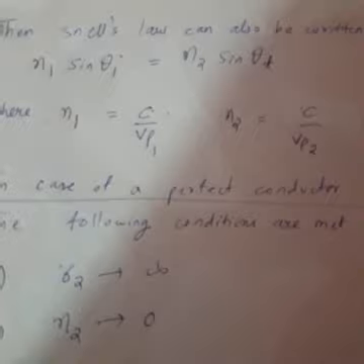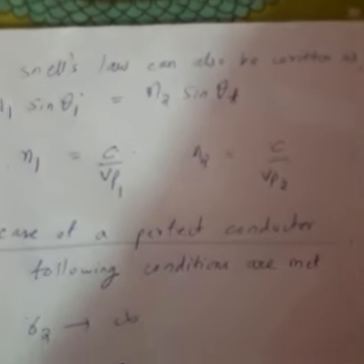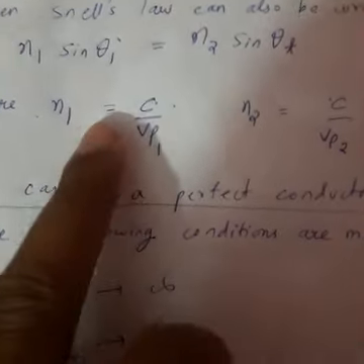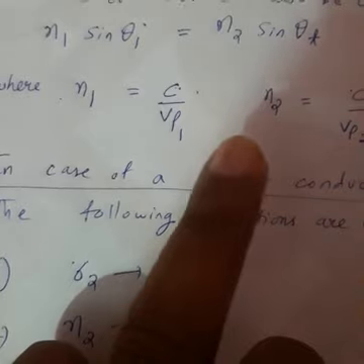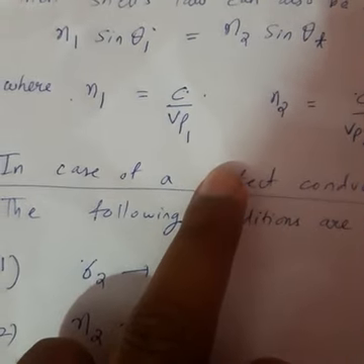So what can I write? Sin theta I divided by sin theta t is equal to N2 by N1. Clear? Why? Because it is inversely proportional: incident is inversely proportional to your refractive index.